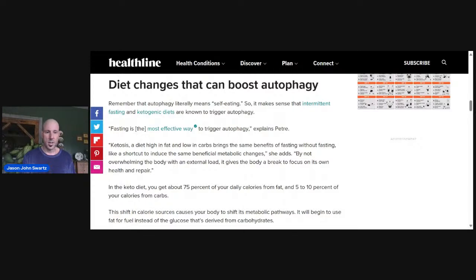Remember that autophagy literally means self-eating, so it makes sense that intermittent fasting and a ketogenic diet are known to trigger autophagy, as well as a little bit of resistance training, a little bit of jogging as well.